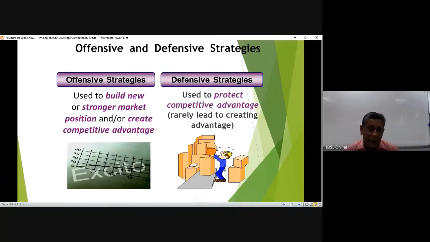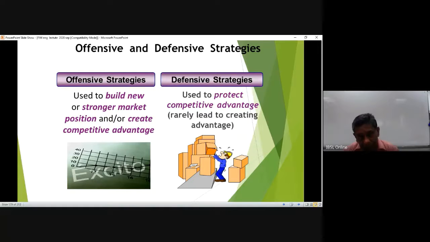So these are the three strategies you can consider under offensive strategies. You are trying to build a new or stronger market position in your existing market, creating competitive advantage. How can you do that? One method is the guerrilla approach, where you hit and run, so you are not allowing the competitor to establish itself. Guerrilla attacks are tactical.